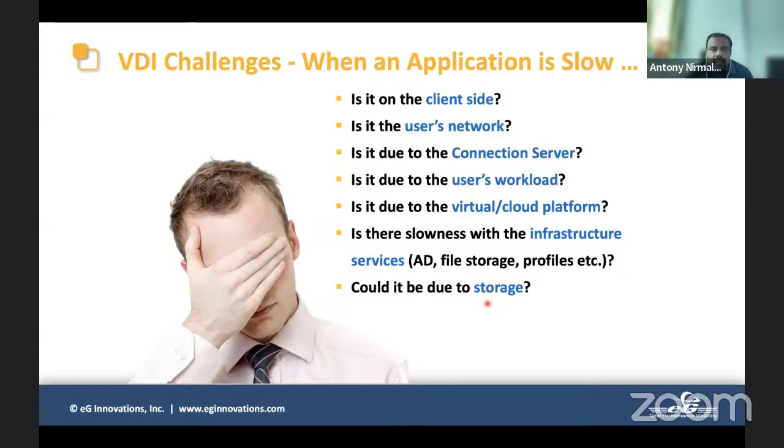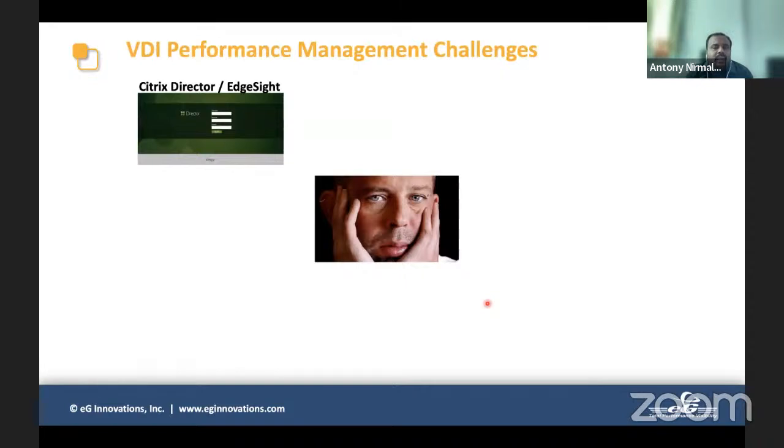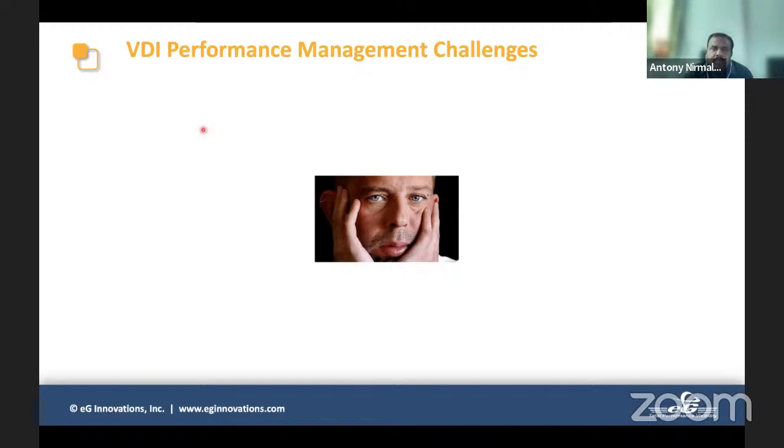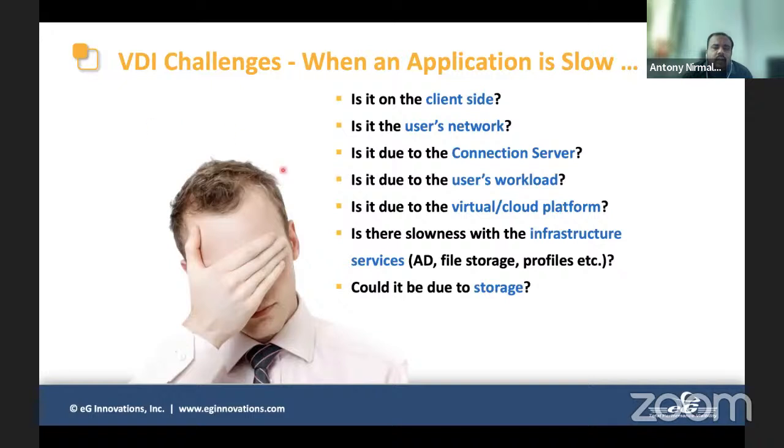Now, when you have any kind of infrastructure or application, you will typically have multiple tools. Citrix also comes with its own monitoring tool, which we call Citrix Director. It's a native monitoring tool, which is good only for the native stack. That means you can monitor the Citrix-related technology. But if you look at this, it's not only Citrix.